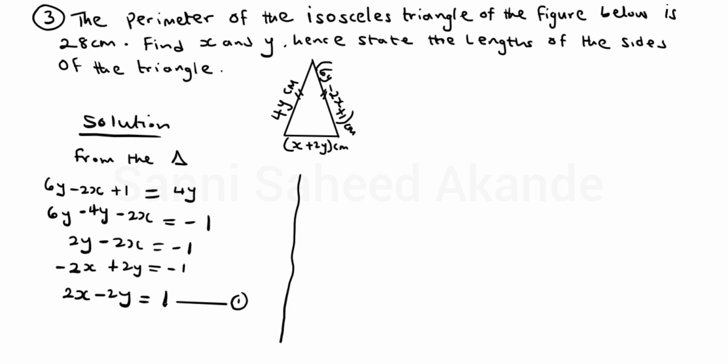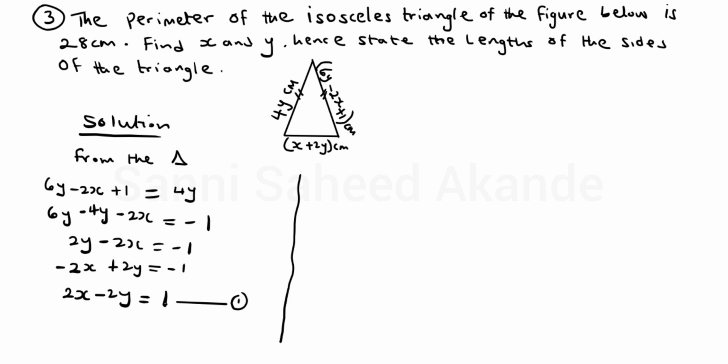Also from the triangle, the question told us that the perimeter of this isosceles triangle is equal to 28 centimeter. What does that mean? Perimeter is the total distance round an object. So if you add all these three sides together, you are going to get 28 centimeter.